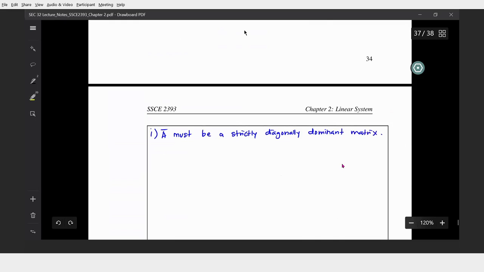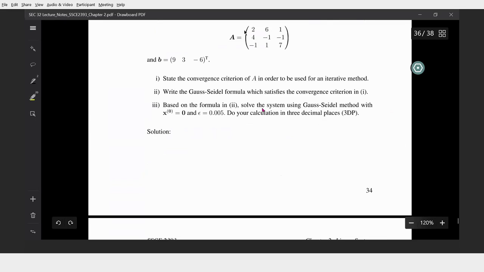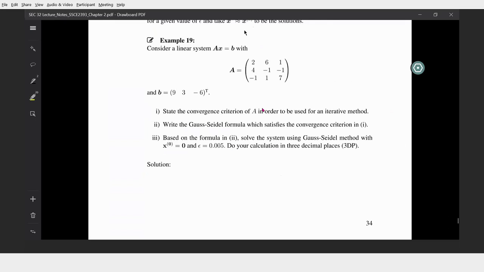Okay, so number 2, what do we have? Write the Gauss-Seidel formula which satisfies the convergence criteria in 1. This problem is actually to guide the student. As I've mentioned just now, sometimes students forget to check for the convergence criteria and go straight to the formula.